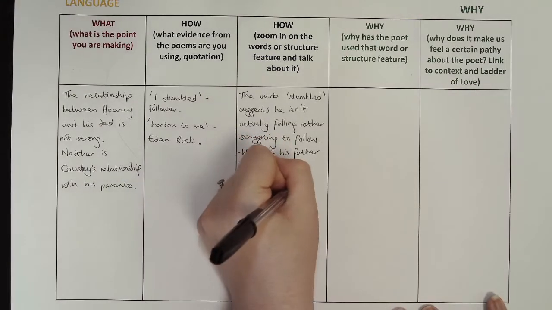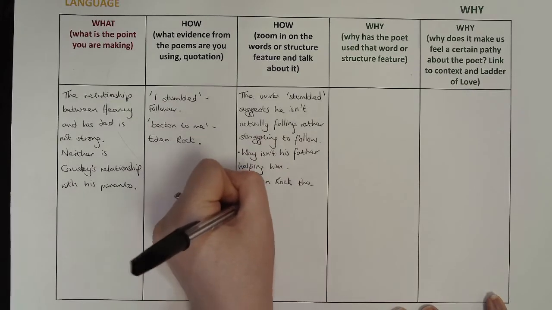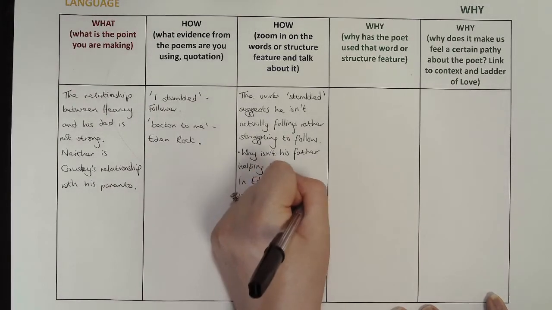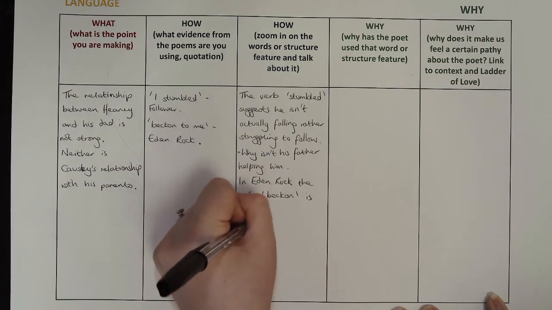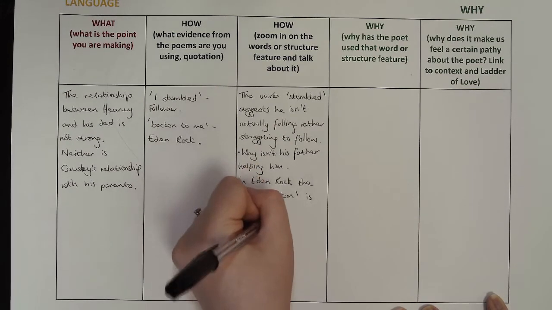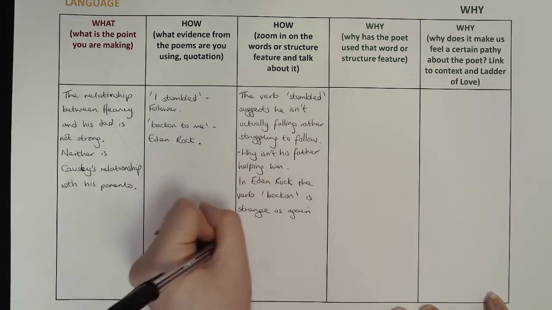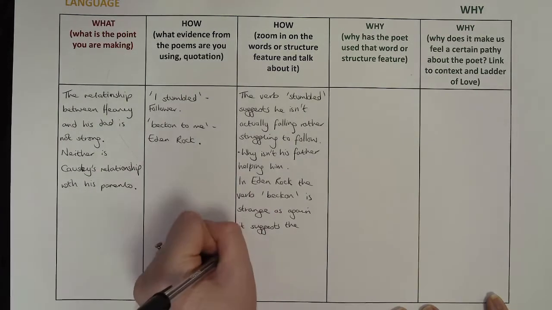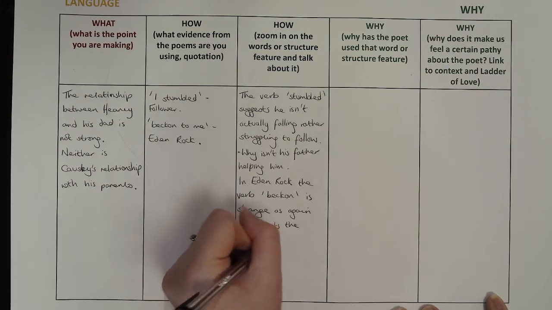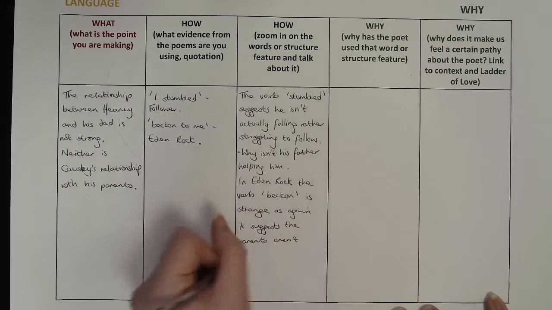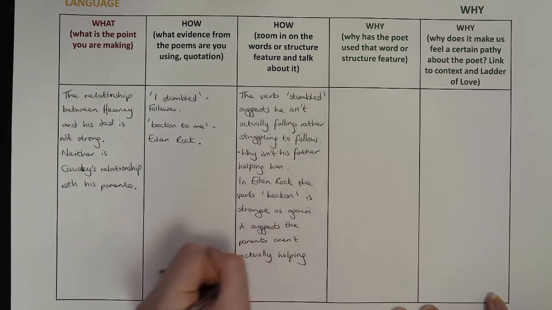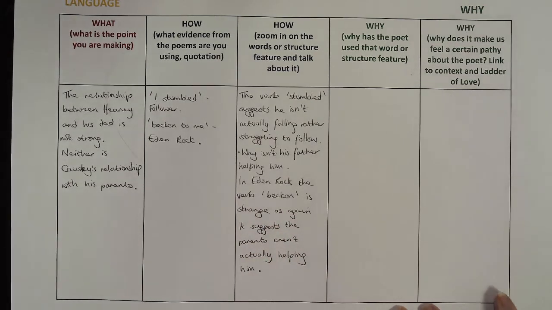In "Eden Rock", the verb, so again I'm getting that technical word in, "beckon", quotation marks around it, is strange, as again it suggests the parents aren't actually helping him. So again, pause this recording so you can get the how column filled in.